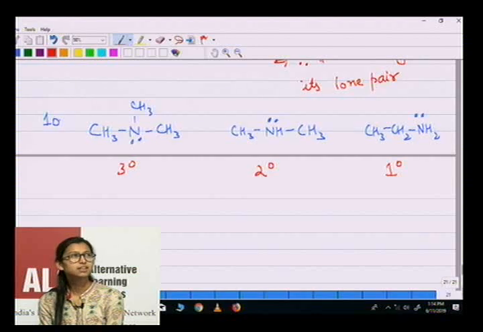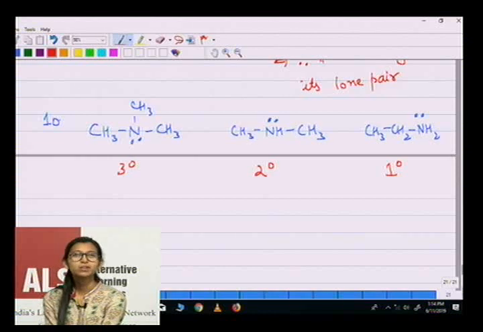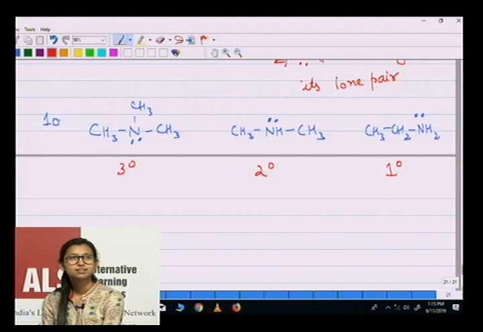This is a very strange kind of order I'm hearing. What is the answer? Raise your hands, those who are saying that the answer will be 3 degree, 2 degree, 1 degree. Kenny, you have written 3 to 1 and now the people are saying it should be 3 degree, 2 degree, 1 degree.